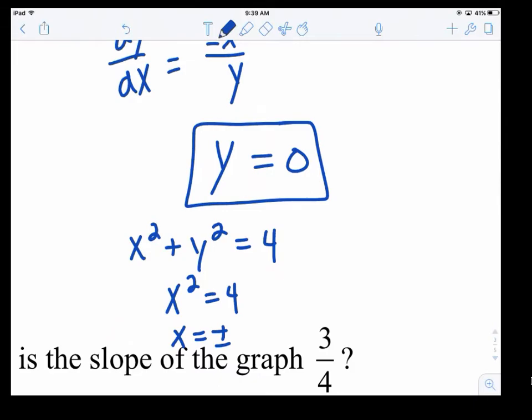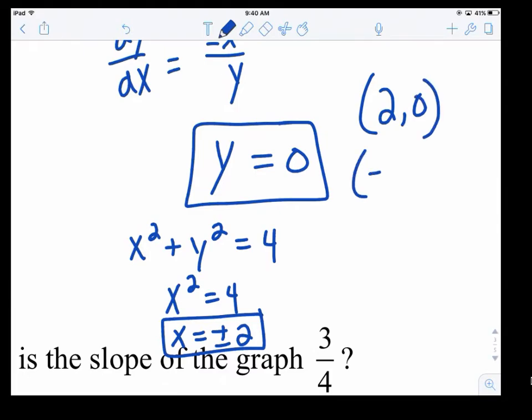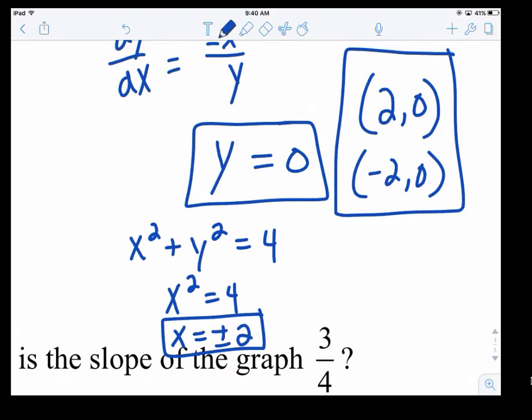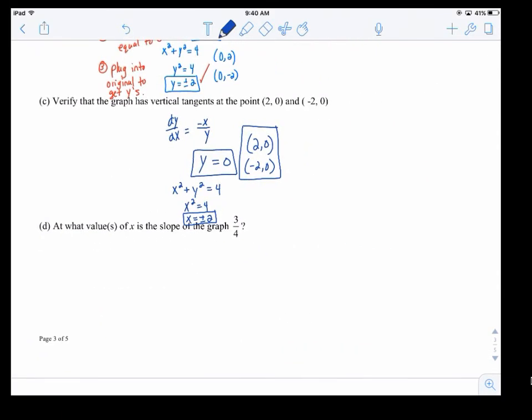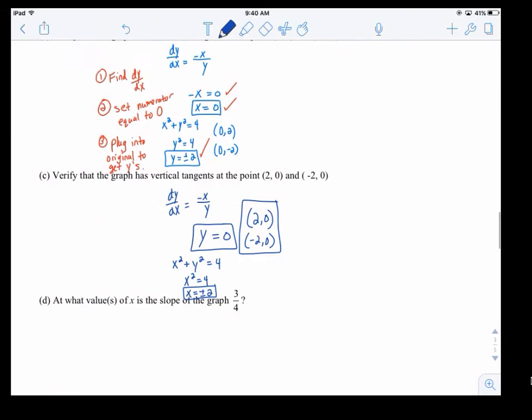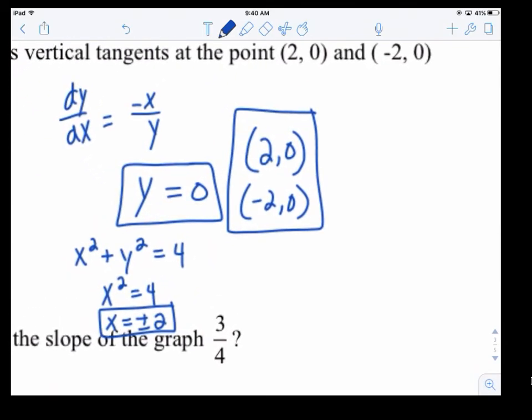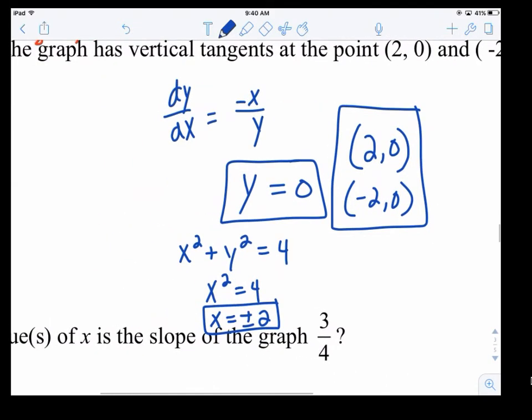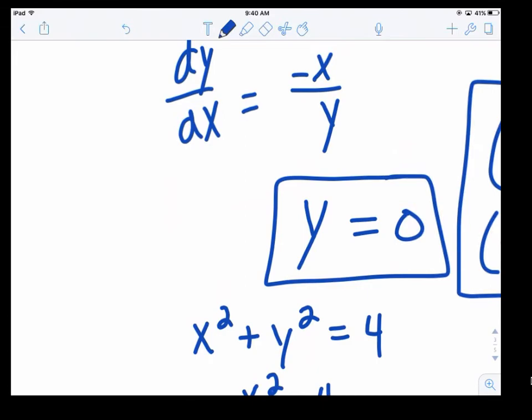So x is plus or minus 2. So that gives me (2, 0) and (negative 2, 0), which is what you want. So you have vertical tangent lines.